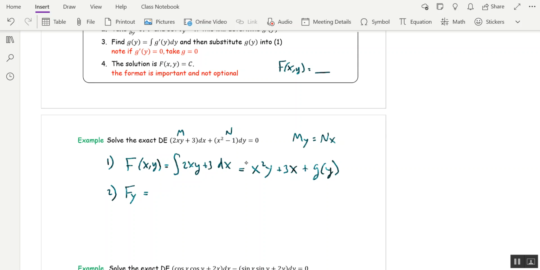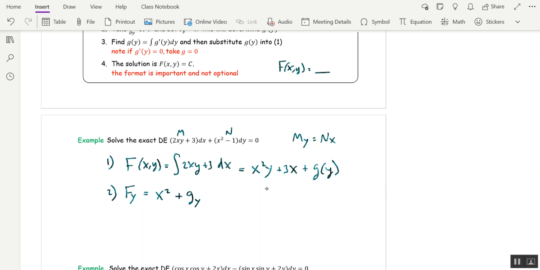So that gives us x squared, hang on a second, not x squared plus 3x. Taking the partial with respect to y, 3x is a constant, so that partial is 0. So I'm going to get x squared plus g sub y, the partial of g with respect to y.